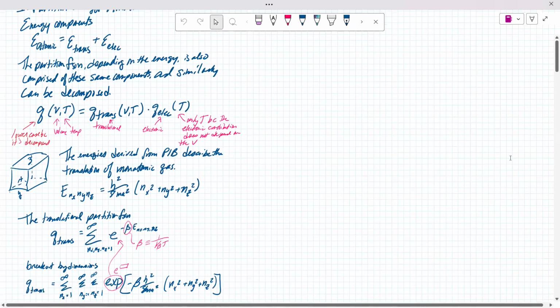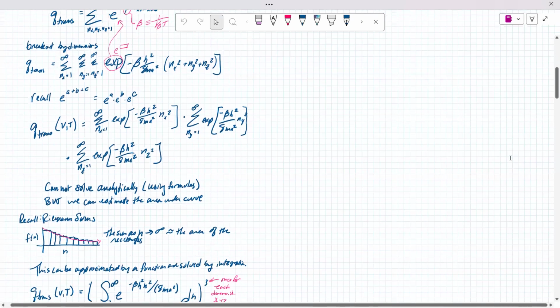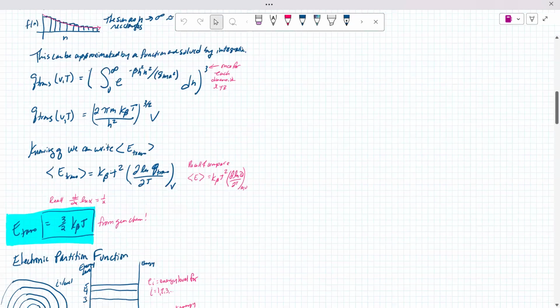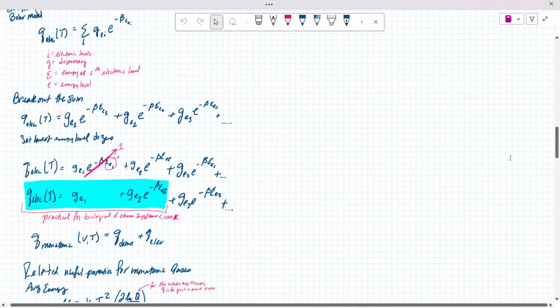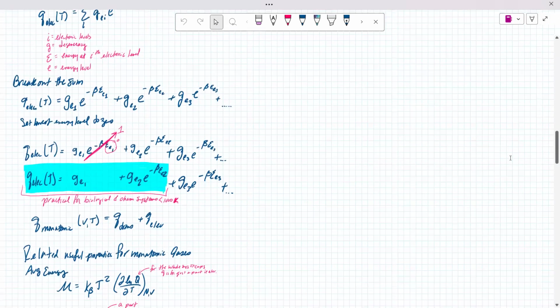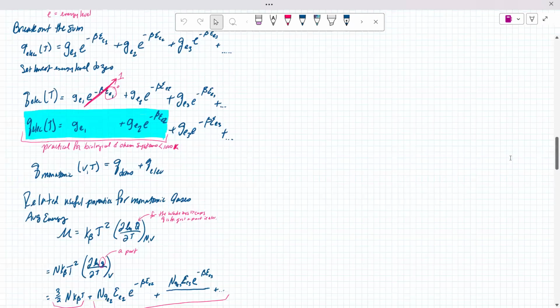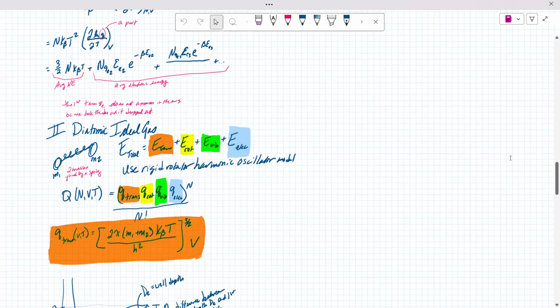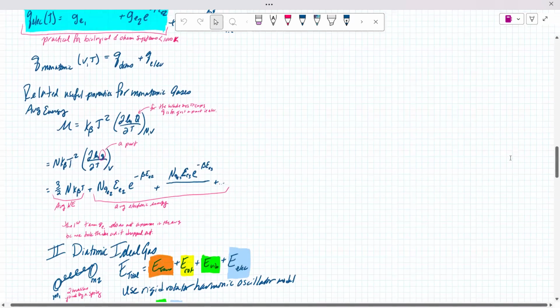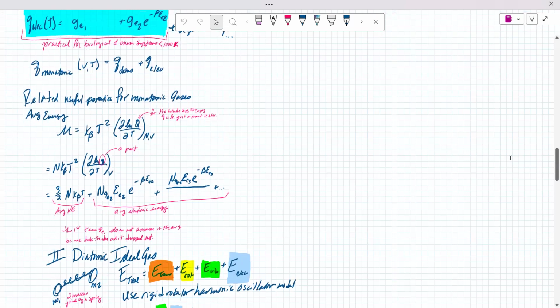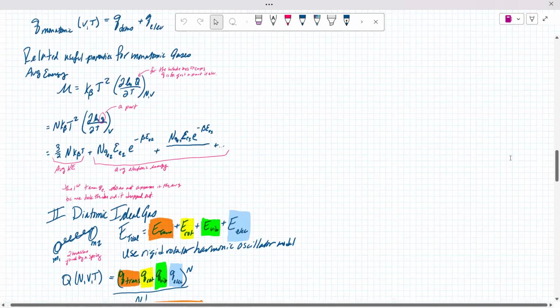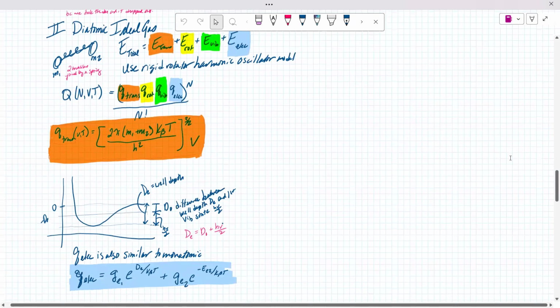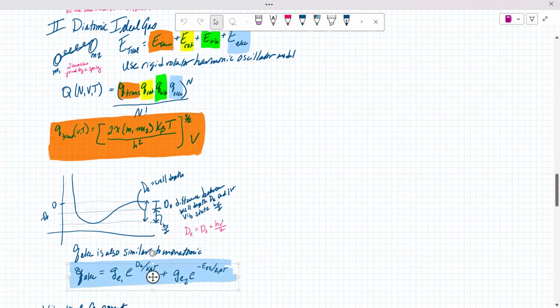Remember we wrote these partition functions, and we talked about the Riemann sums, translation energies, electronic. Here's an electronic partition function, so that was for the monatomic gas, right? Here's your diatomic gas. So you have this partition function for the diatomic gas.